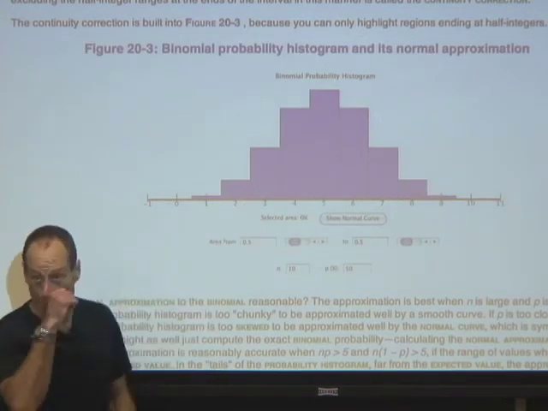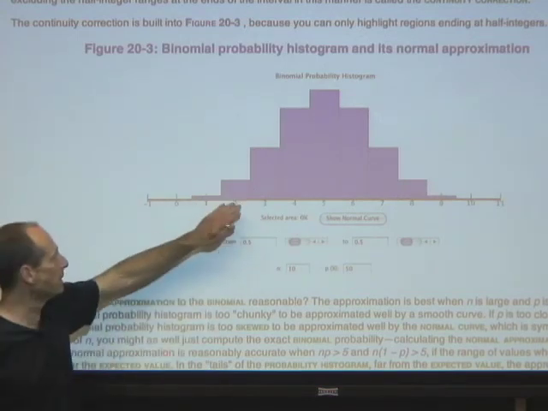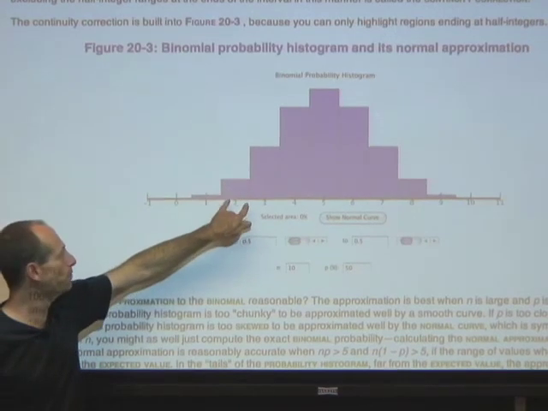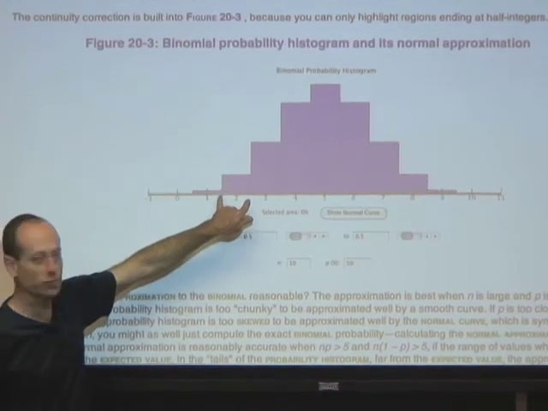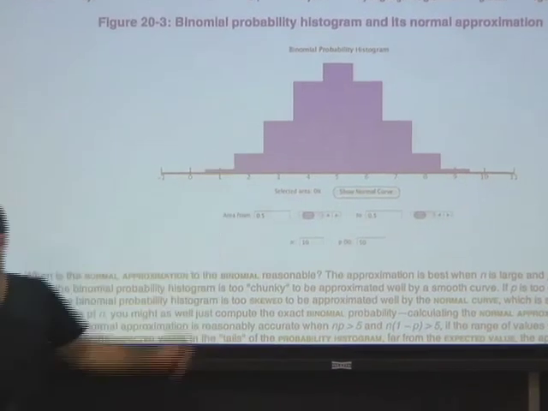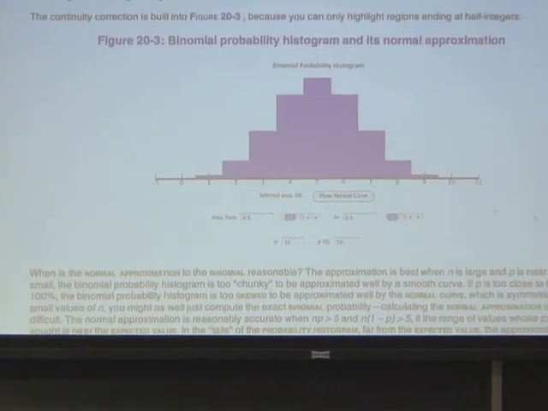And if we wanted to approximate the area of that bin by the area under the normal curve, what we would do is find the area of the normal curve between 1.5 and 2.5 after converting those values 1.5 and 2.5 to standard units. So let's look at the normal curve here.